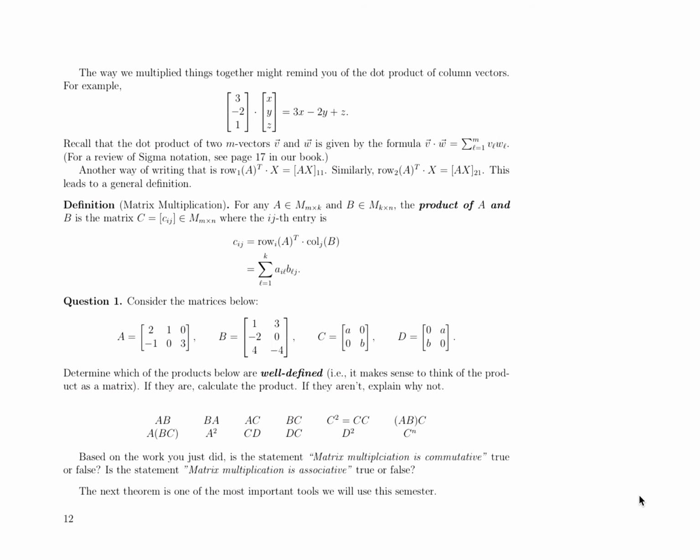So the way that we define matrix multiplication is we take the ijth entry of the product and we make it the ith row of A transposed dotted with the jth column of B. So that's right here. This is our formal definition.